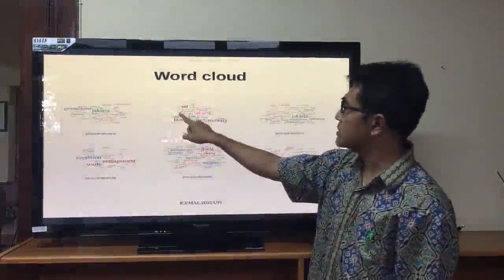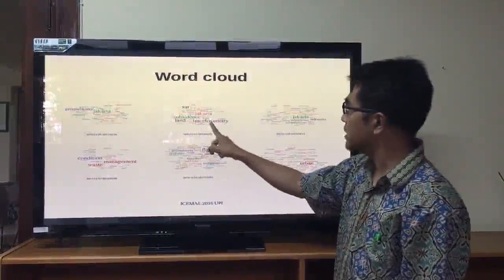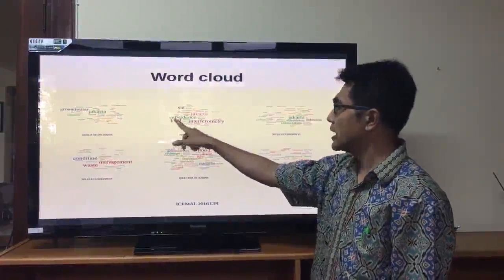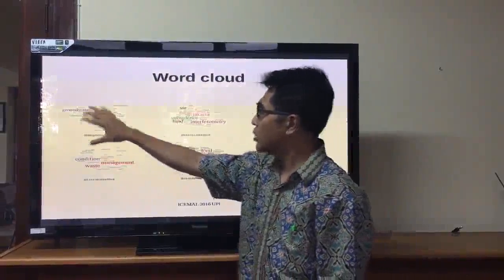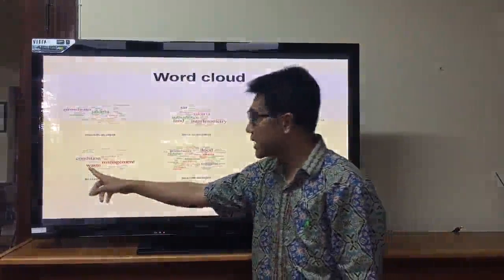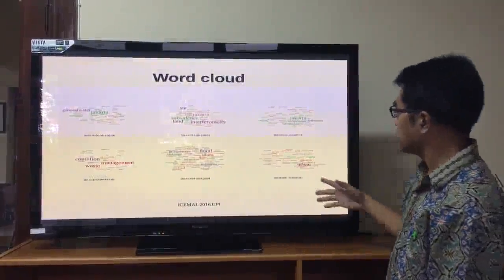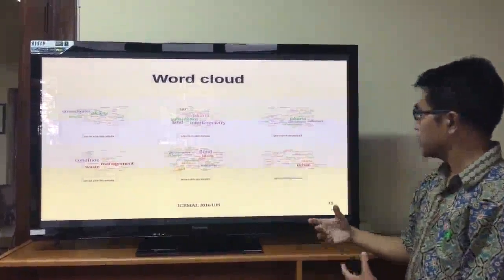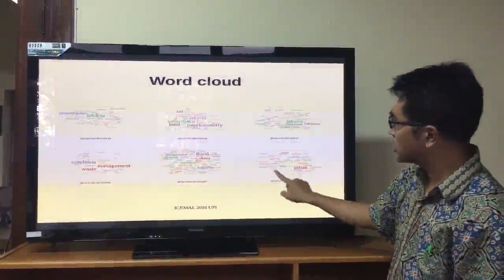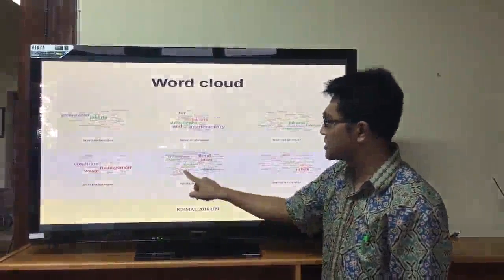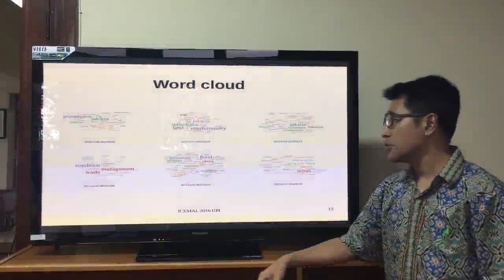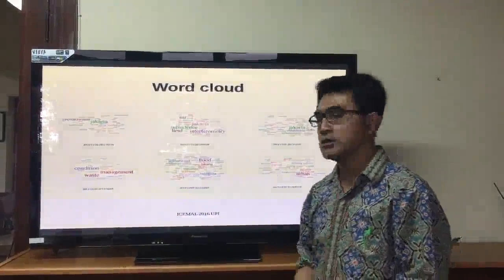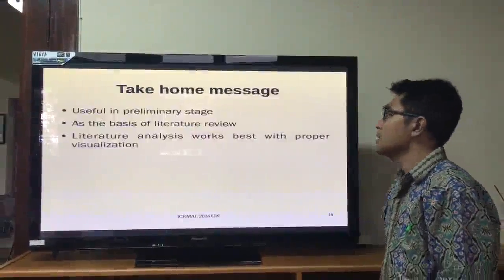You can see SAR, which is radar mapping, interferometry, and then people start to talk about the land subsidence, and then groundwater overpumping, waste management, and then move to more interaction between river water and groundwater, and then artificial recharge. So people start to talk about how to solve the problem of flooding in Jakarta.